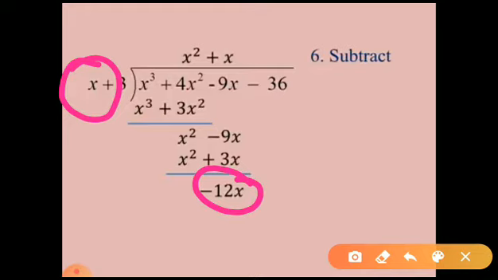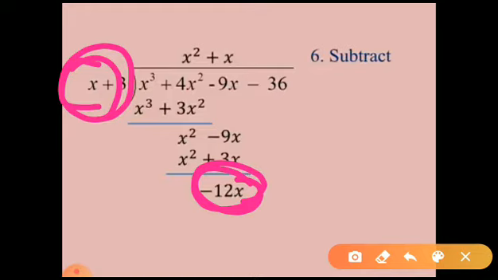Always keep in mind, whichever term you have here, the power of the variable should be greater than or equal to the power of your divisor, or I can say the degree of this polynomial should be greater than or equal to the degree of the divisor.